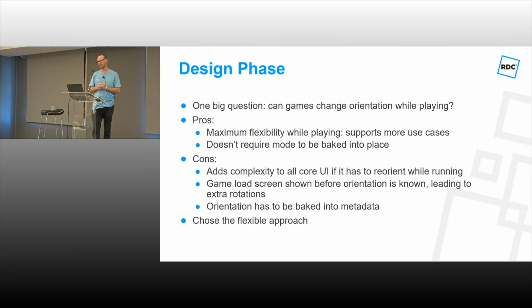So the advantage to doing that is it's the maximum flexibility, right? Games can switch anytime they want to. The disadvantage is it has a lot of complexity to the whole system, both to our own UI and every game's UI. If you have to code every UI, like the screen might switch.